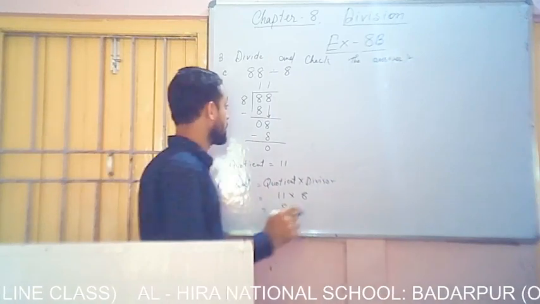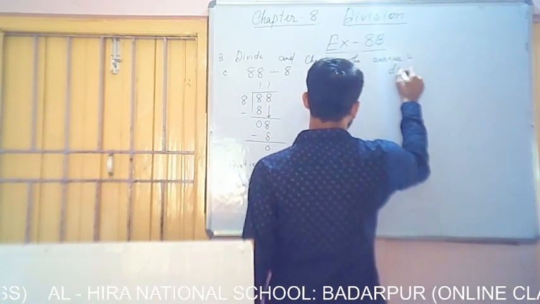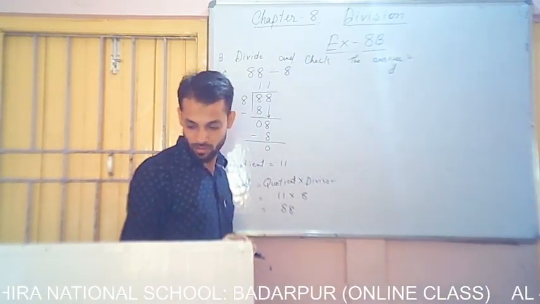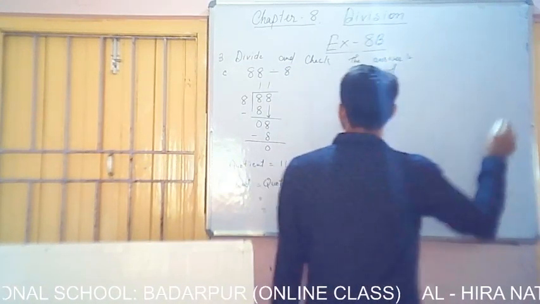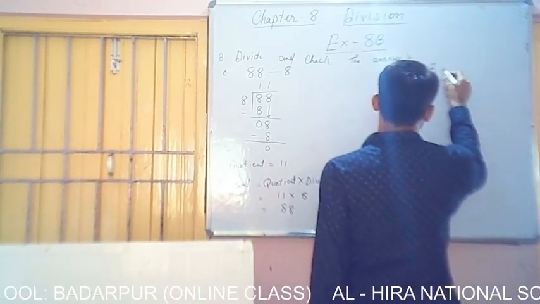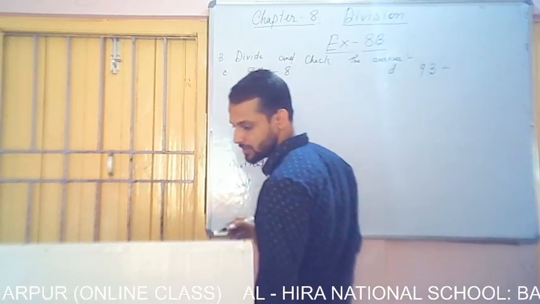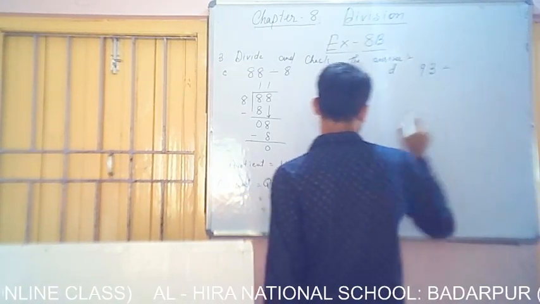Now the next question, that is question number D. Question number D is 93 divided by 3.